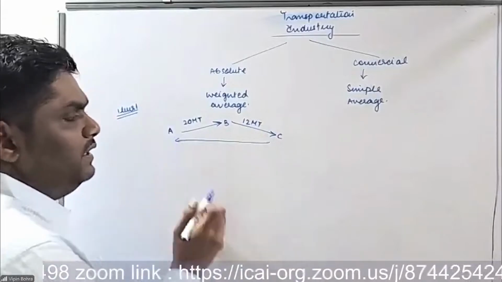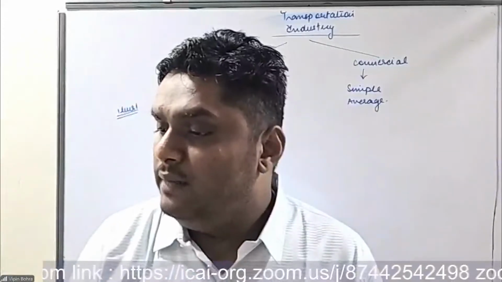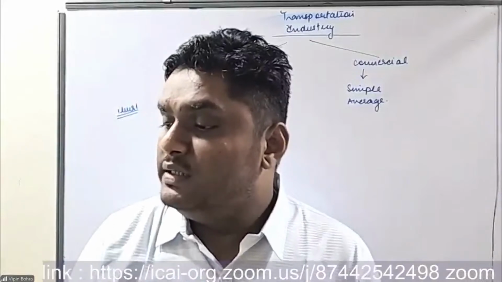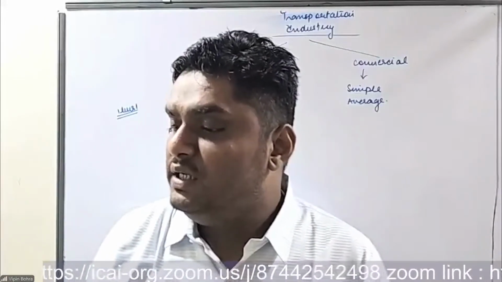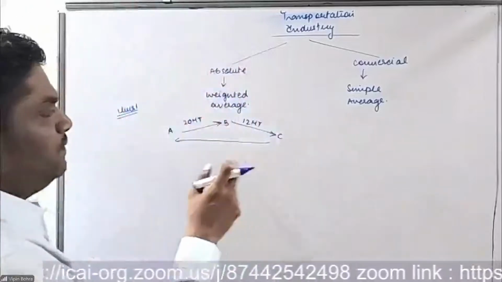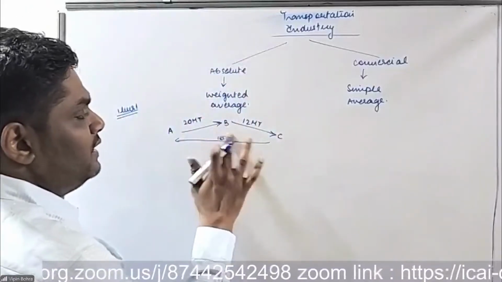In the return journey, they are going directly from C to A, reaching station A with a load of 16 metric tons loaded at station C. So from C to A, total 16 metric tons are traveling.